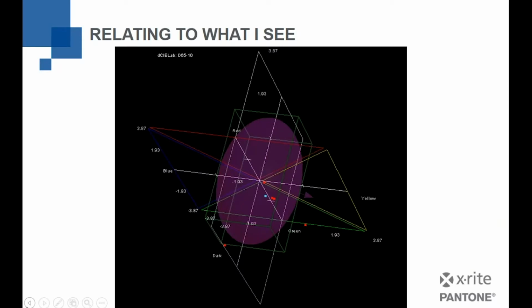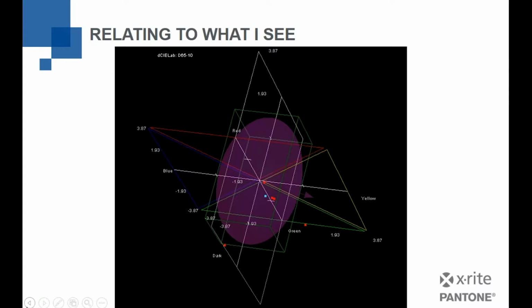A way to look at that, and this is coming from a piece of our QC software, is a rotated three-dimensional view. Really quick, the red dots are samples that failed. That little blue dot is one that passed. You can see the green, yellow, blue, red sections of the LAB color space. You can see the white plane that's showing lightness.